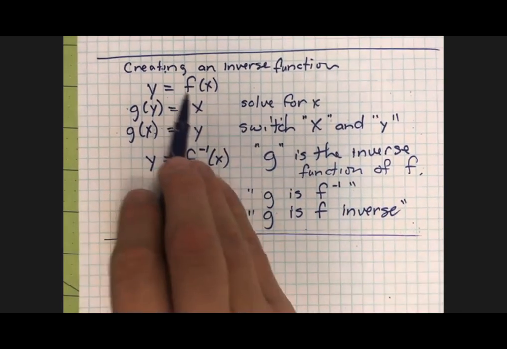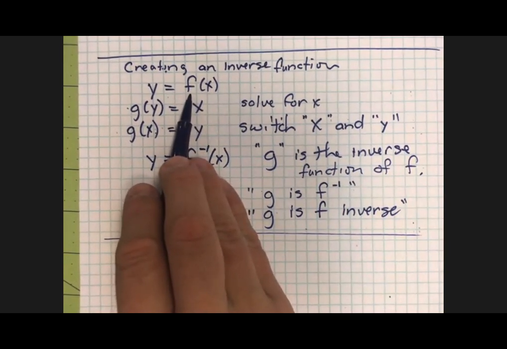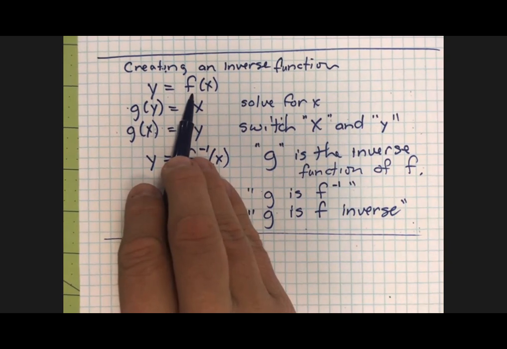And I don't want to do this just when the function is a line or a parabola. I want to do this for any legitimate function. In particular, I want to do it for that funny function we introduced last time called the exponential function.